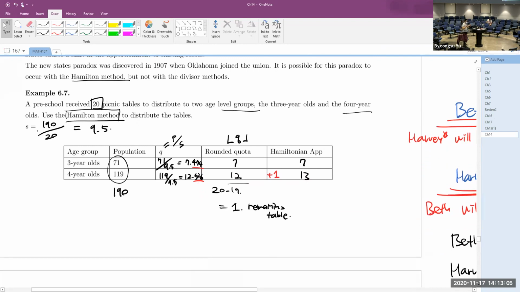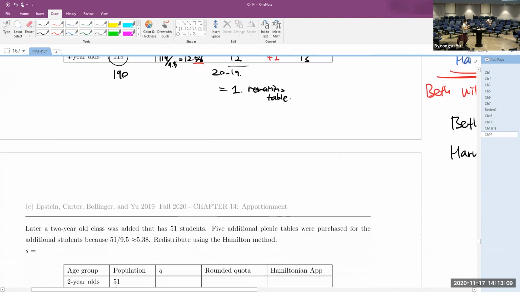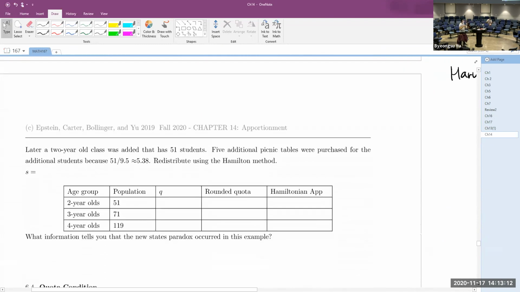Good. Okay, then let's think about the case when a 2-year-old class was added and it has 51 more students, right?